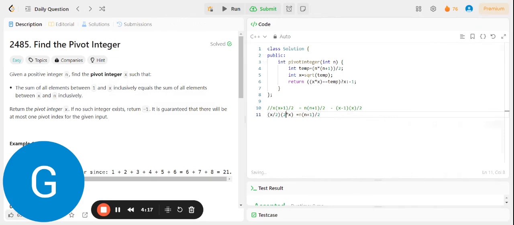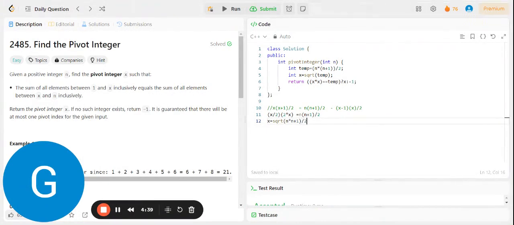Here, this 2 and this 2 will get cancelled. It will be equal to x square. Here, x square equal to n into n plus 1 by 2. x will be equal to the square root of n into n plus 1 by 2.